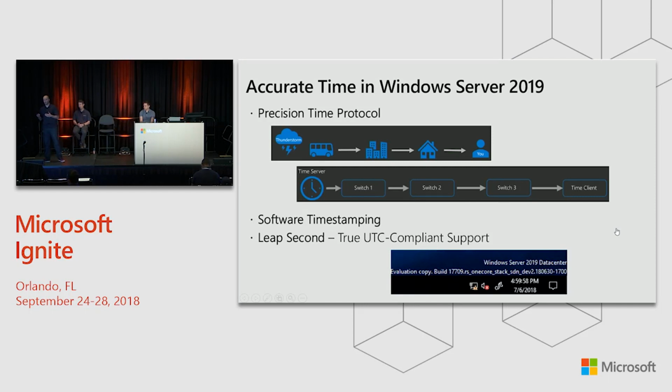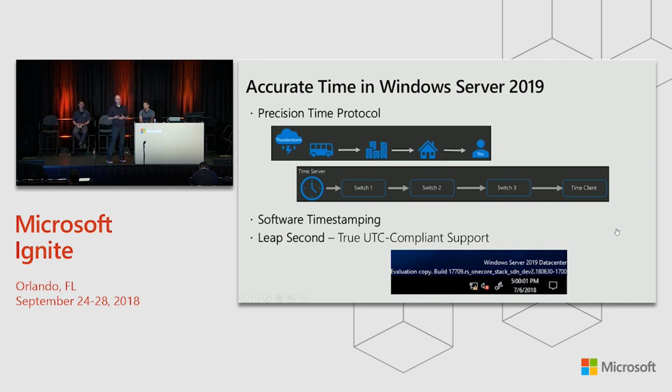And likewise, on the network, you have other things that interfere with your time. So you have switches in the way. Each switch, each router, each firewall adds latency, and it makes it harder to make sure that you get the right time at the endpoint, at the time client. Precision Time Protocol is a new network time synchronization protocol that we have on Windows.